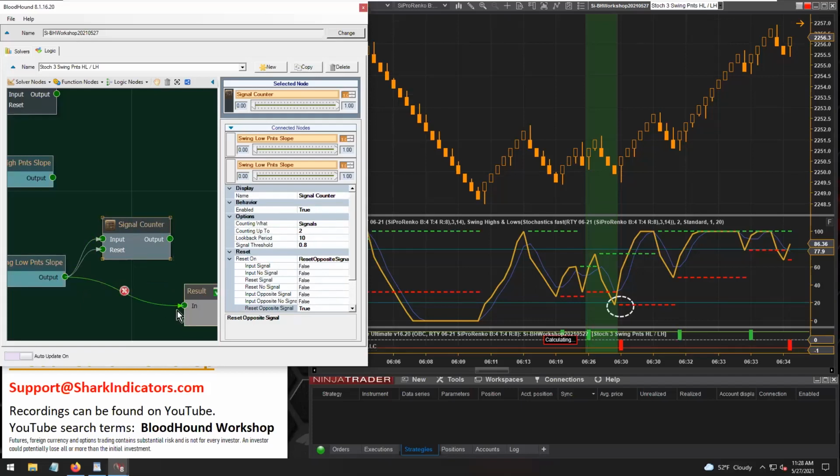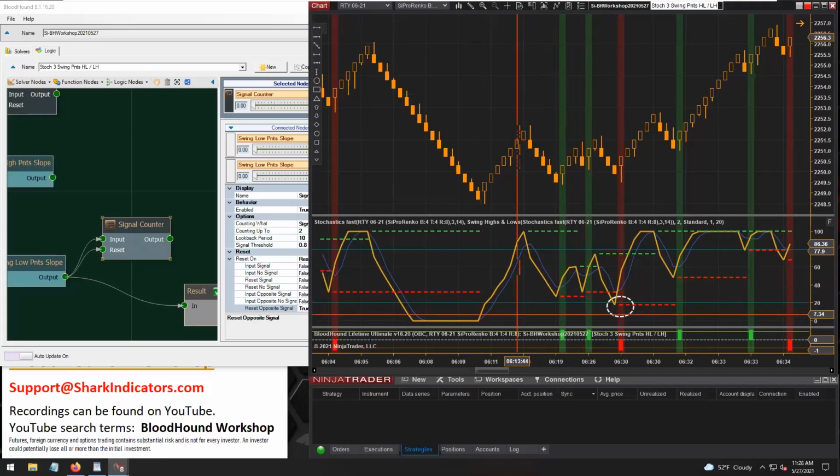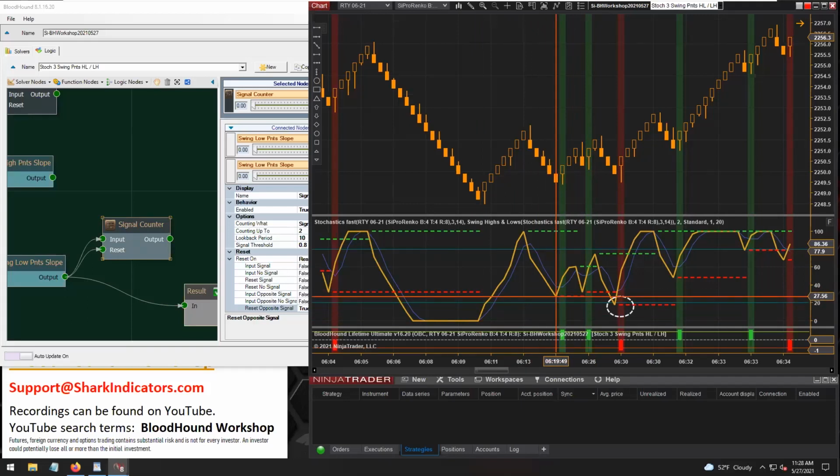So what are we counting here? We're counting the long signals. Once we get to 2 long signals in a row, that's our pattern. First low point, second low point, we get our first long signal, and then third low point, we get our second long signal. So there's our pattern.